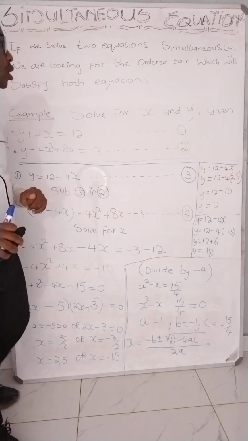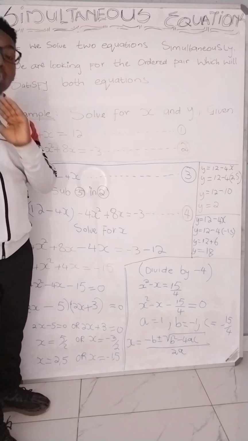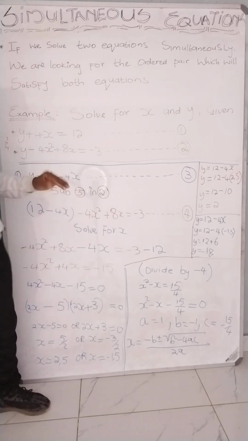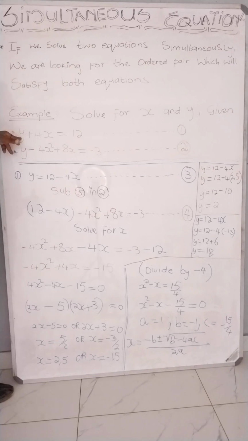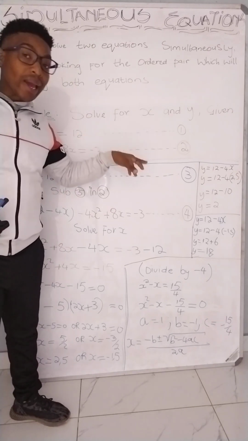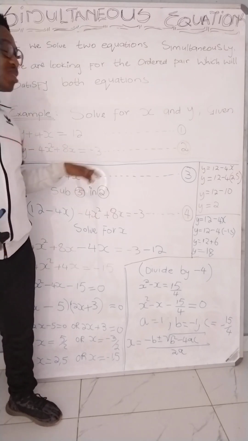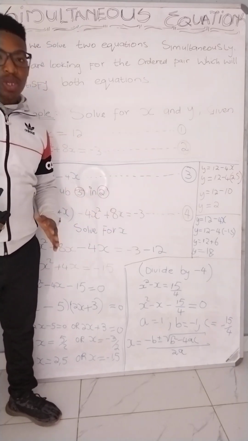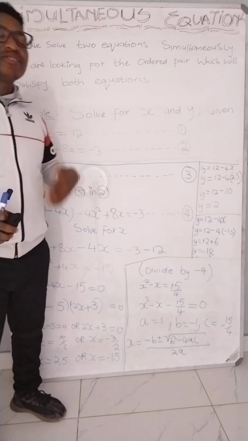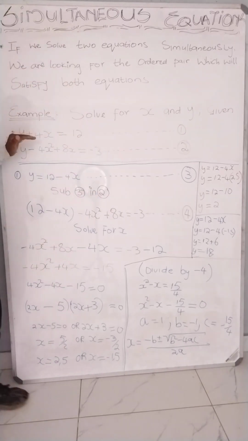Now, you are going to be given 2 equations. The first equation is going to have the x and the y. The second equation is going to have the x and the y as well. If the variables are a and b, the first equation is going to have a and b.